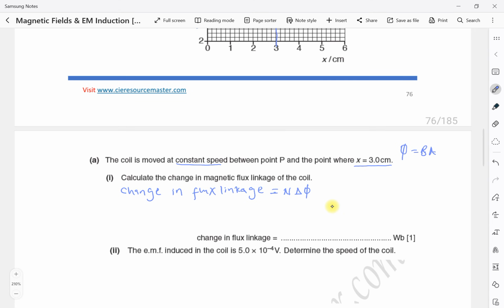So this is going to be equal to 40 times the change in flux, which is 5 minus 3, then I multiply this by 10 to the power minus 6.